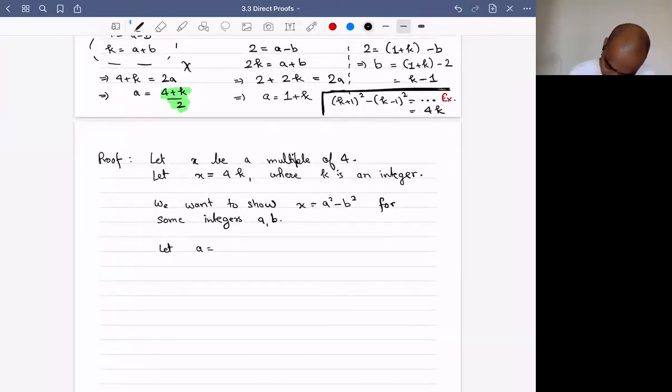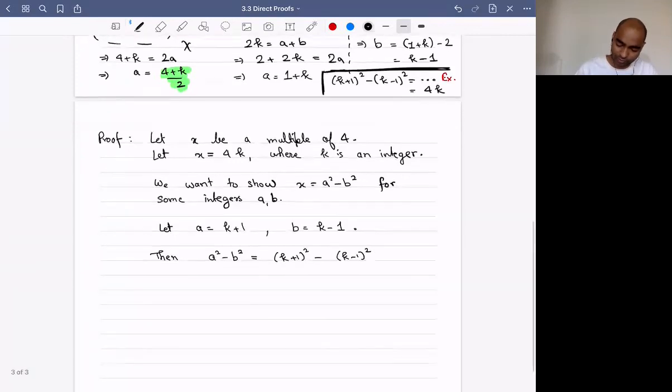Let a be equal to k plus 1 and b be equal to k minus 1. Then a square minus b square is equal to k plus 1 square minus k minus 1 square, which is equal to k square plus 2k plus 1 minus k square minus 2k plus 1.